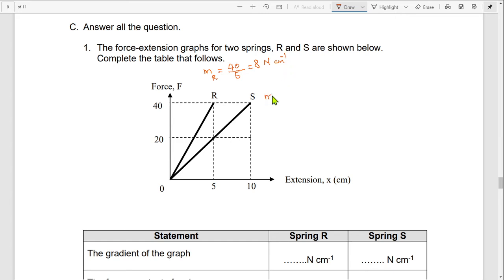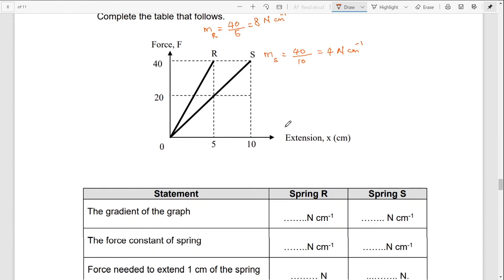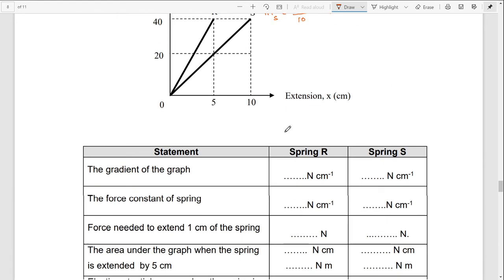And then my gradient for S here, okay, y is 40, and then my x is 10. So that will be 4. 4 Newton per centimeter. Alright, so we fill in our table here. The gradient for R is 8, and for S is 4.